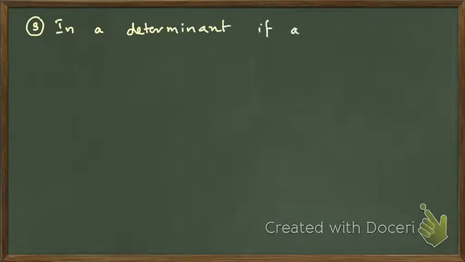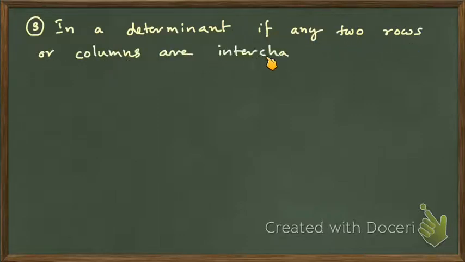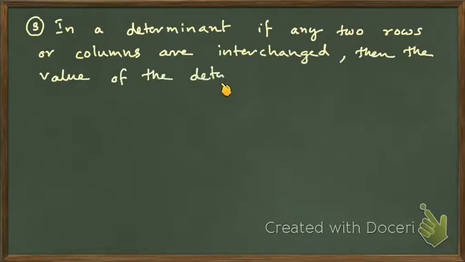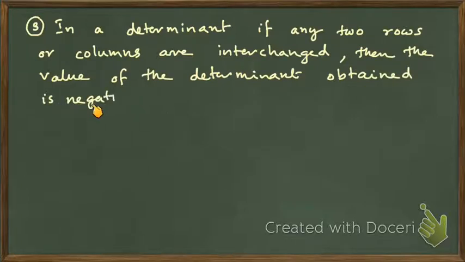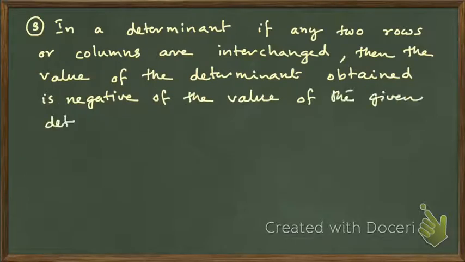The third property: in a determinant, if any two rows or columns are interchanged, then the value of the determinant becomes the negative of the original. So if I interchange two rows or two columns, the value of the new determinant will be the negative of the value of the original determinant.